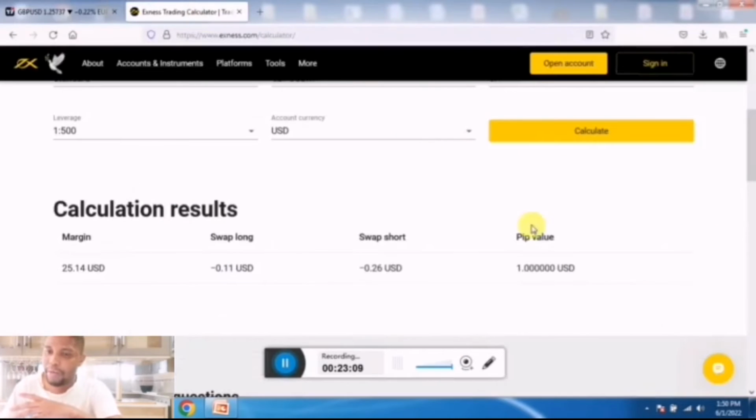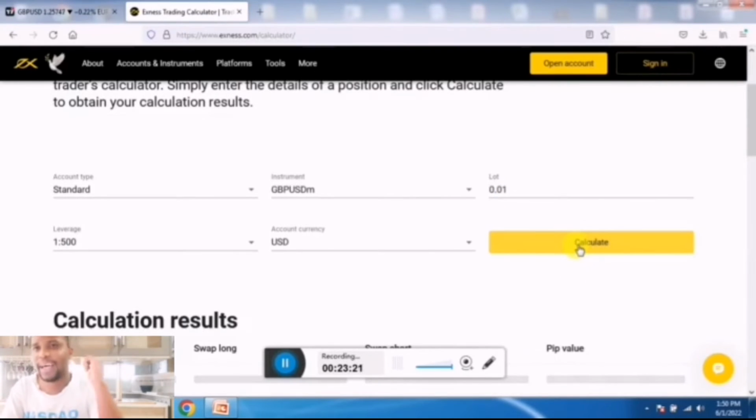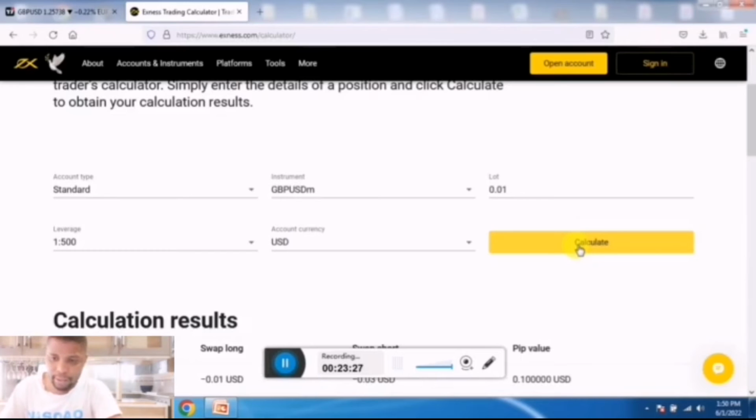So for people who have smaller accounts, in this case we add another 0 and then a 0.1. This one is the smallest lot size. Remember, it's 100,000, then 10,000, and then this one is 1,000.